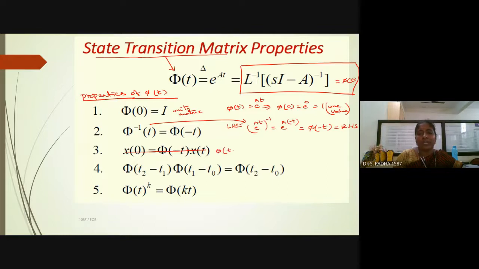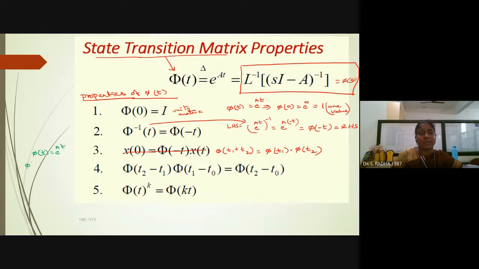Instead of the third one, I will put one more formula. Phi of t1 plus t2, I can take as phi of t1 into phi of t2. The third property I am slightly changing. Here phi of t equal to e power at.